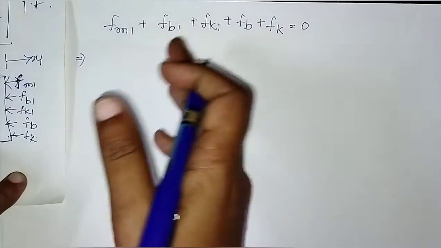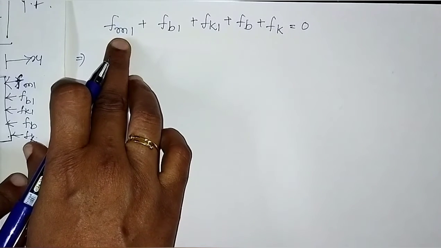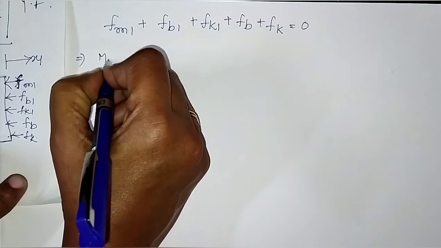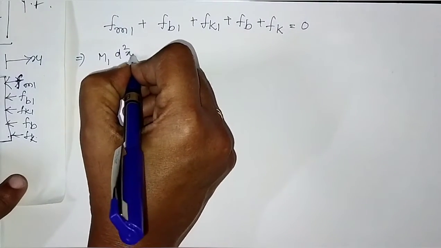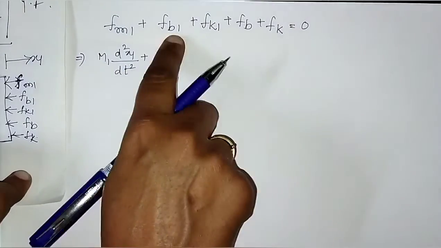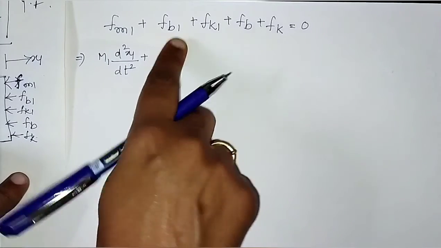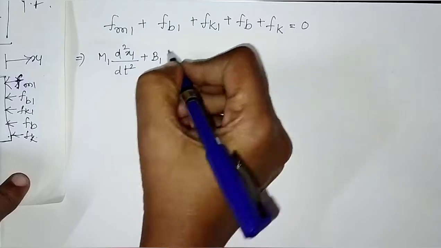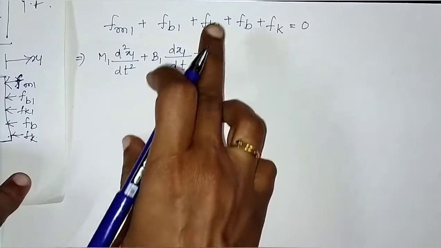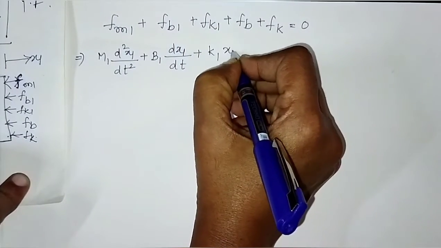As we all know from the previous concept, the opposing force due to mass is proportional to acceleration, that is m1 into d square x1 by dt square, plus the opposing force due to the dashpot, which is proportional to velocity, given by b1 into dx1 by dt, plus due to the spring, which is proportional to displacement, k1 x1.